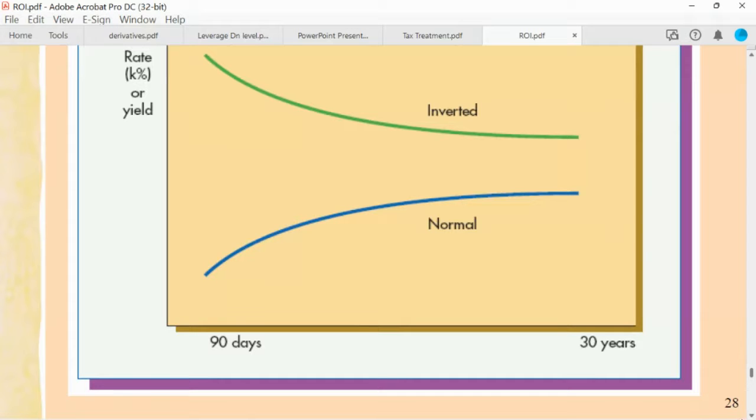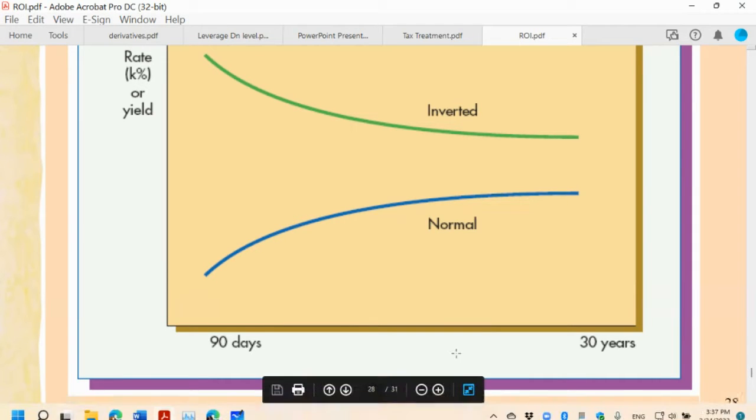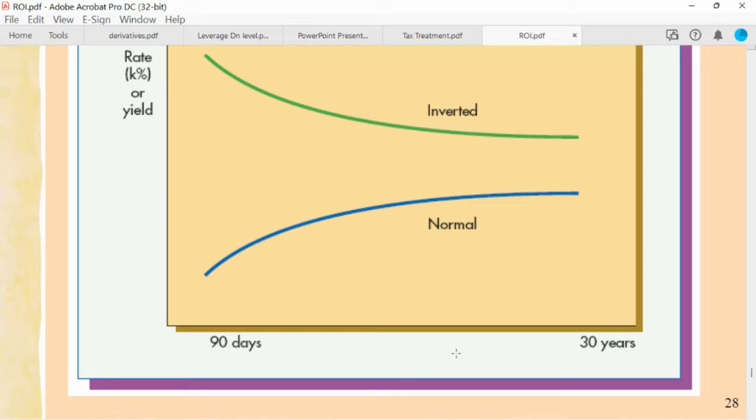Make sense? You still get the same result by rolling over 30 years. So the point is, the yield or the annualized return will have to be higher as the maturity increases.